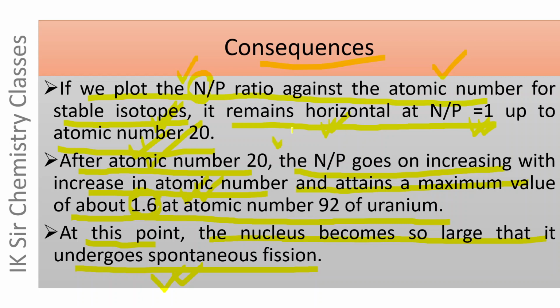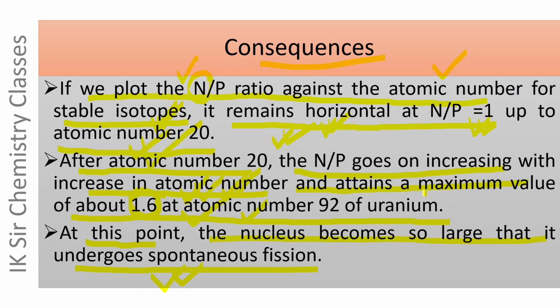After atomic number 20, the N by P ratio goes on increasing with increase in atomic number, and it attains a maximum value of 1.6 for a stable nucleus in the case of uranium, with atomic number 92 and mass number 238. The N by P ratio of U238 is 1.59, as we have calculated earlier.